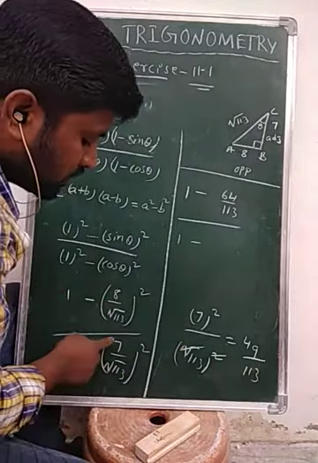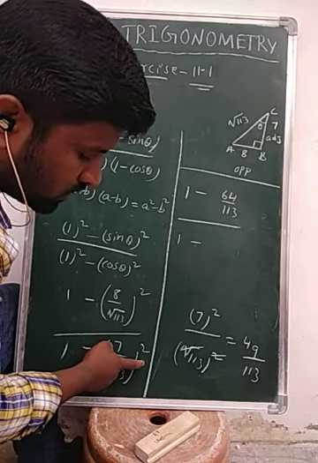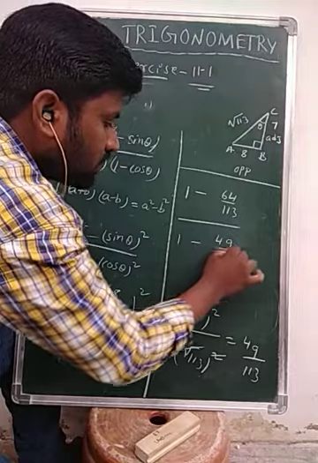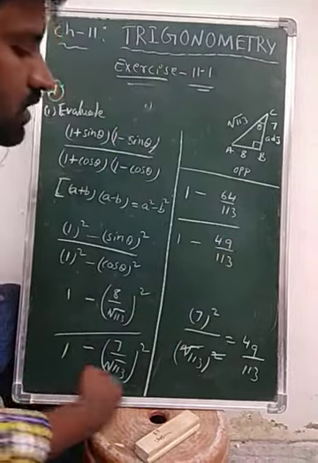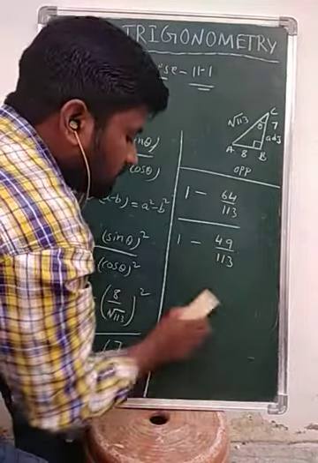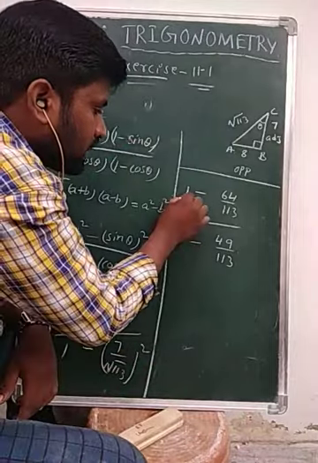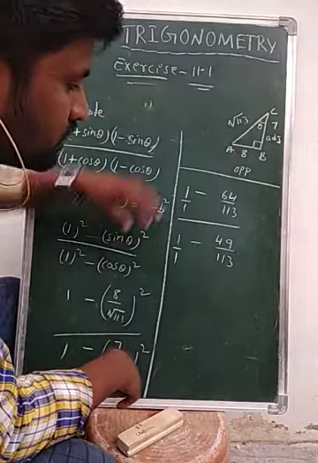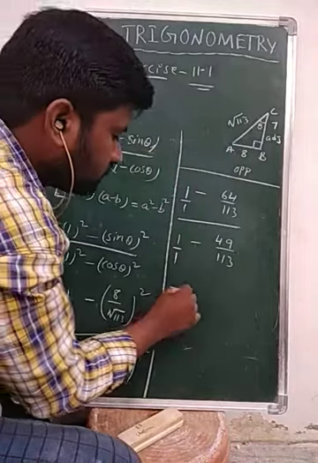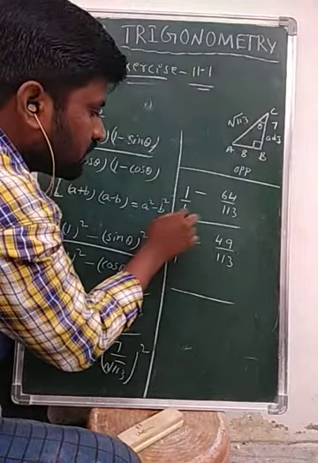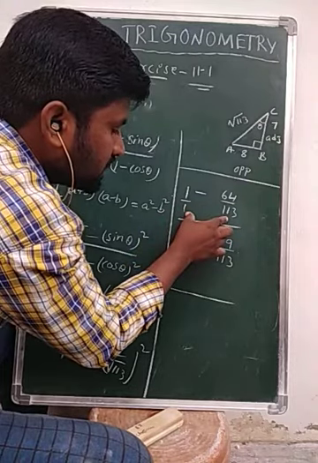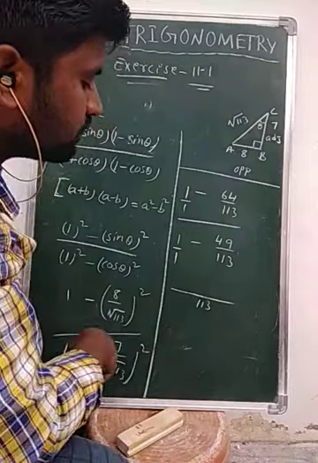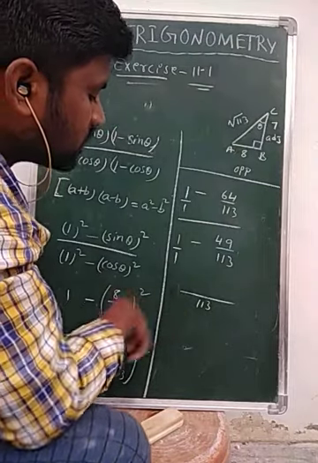So we get 7 by root 113 whole square means that is 49 by 113. Okay. Now see clearly, if I take the denominator as 1, and here also I am taking denominator as 1. In this part, what we get as the LCM of 1 and 113, that is 113 only.